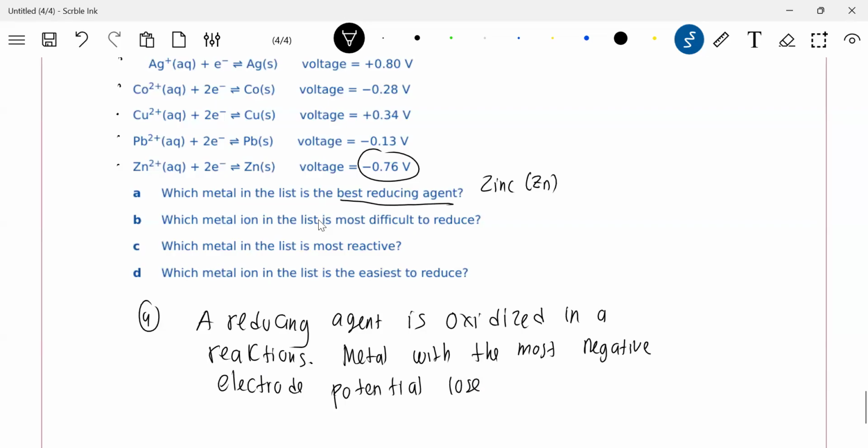It loses electrons most readily. So the best is zinc, the most negative.